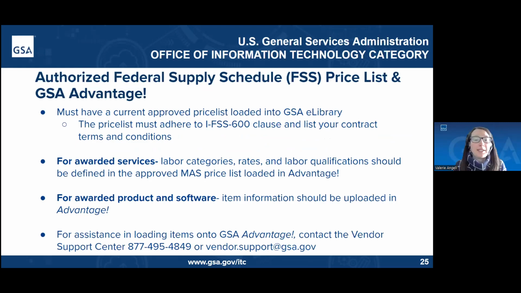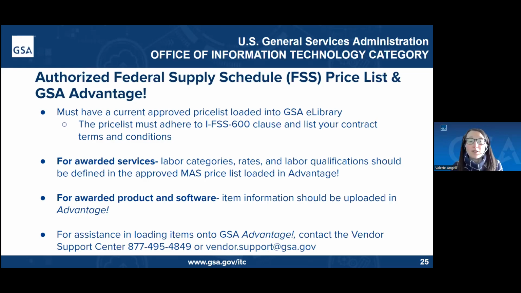The next topic here is authorized FSS price list and GSA Advantage. This is a schedule contract requirement that vendors must have an approved current price list loaded into GSA eLibrary. If you need more information about how to format the price list, please review Contract Clause IFSS 600, and the price list must list your contract terms and conditions.